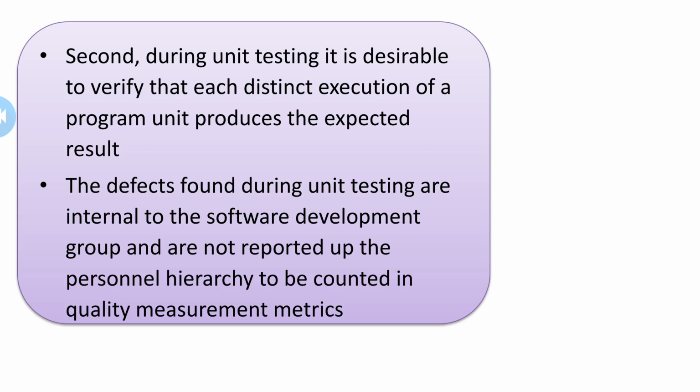Now, what happens in the second point? During unit testing, it is desirable to verify that each distinct execution of a program unit produces the expected result. As I'm talking about the four modules, I'll consider this four-module example throughout the testing process in the validation activities.